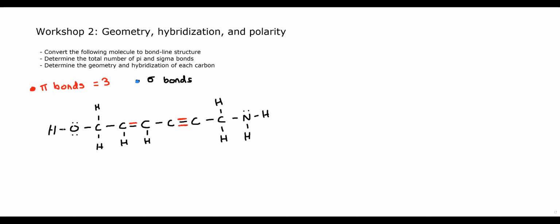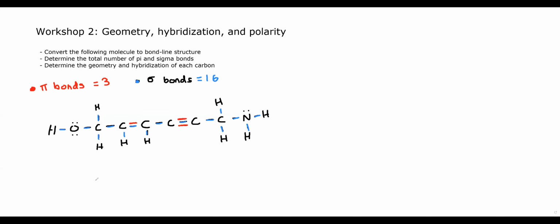So let's start on the left here. 1, 2, 3, 4, 5, 6, 7, 8, 9, 10, 11, 12, 13, 14, 15, and 16. Okay, so we have 16 sigma bonds, 3 pi bonds, and then we're asked to show the geometry and hybridization of each carbon. So let's go through here.